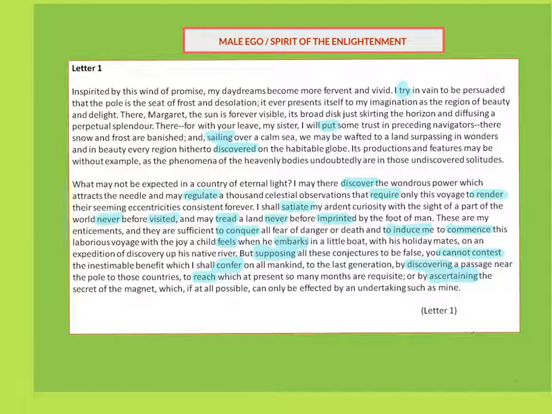There are some differences here between passive verbs, so these being pulled or moved, compared to when he's in charge of or active in his movement or his actions. You can see some negated verbs as well: never before visited, never before imprinted. "Induce me" is another passive verb, which is very different to active verbs like sailing. Alternatively, try it this way.